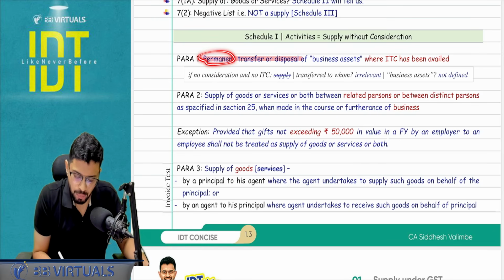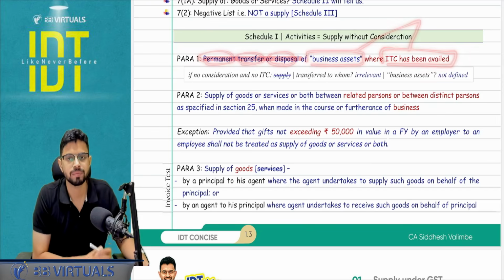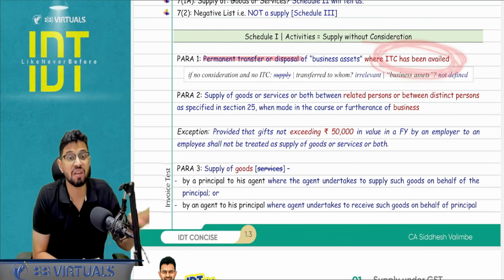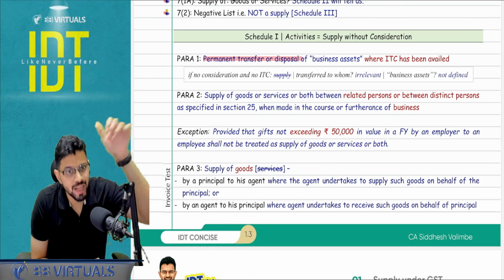So if you're doing it in a permanent manner of your business asset, the main condition is where the ITC has been availed. Because this is where the problem of government lies, that we have given you the credit. So you were supposed to use it in your business.